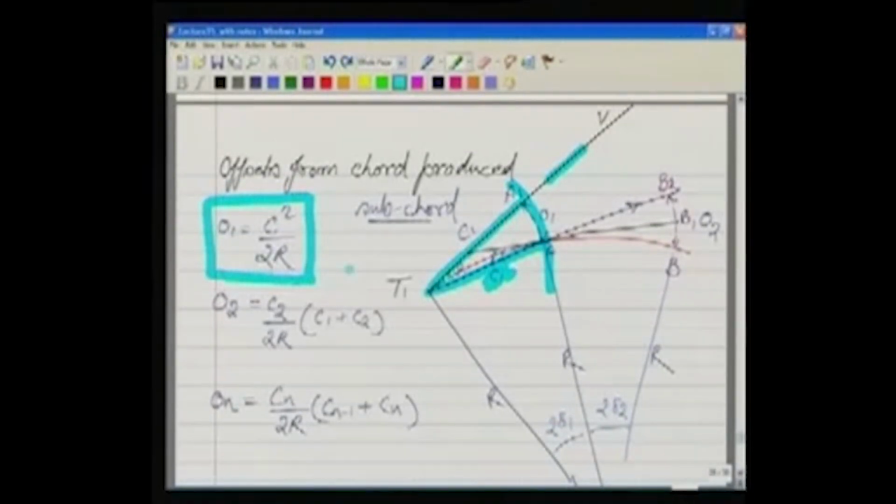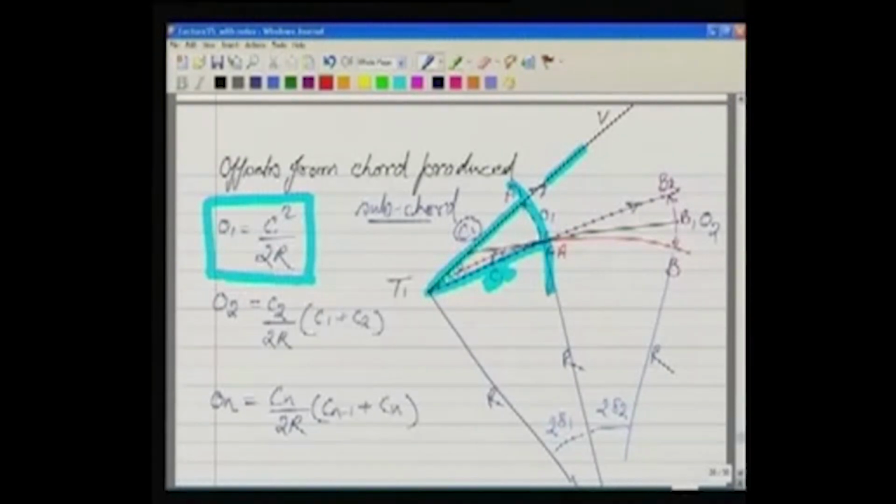So what we did in this case, we took a distance C1 along our tangent, then we took the arc, and standing at the point A1, we cut a distance equal to O1 along the arc in order to get the point A. So this is how we get our first point A here.